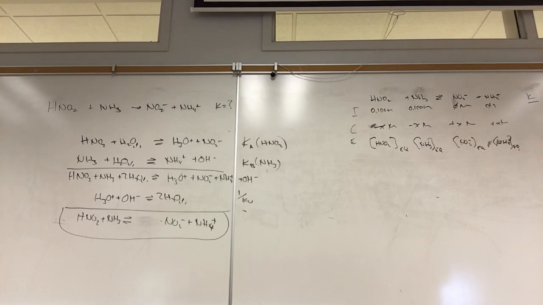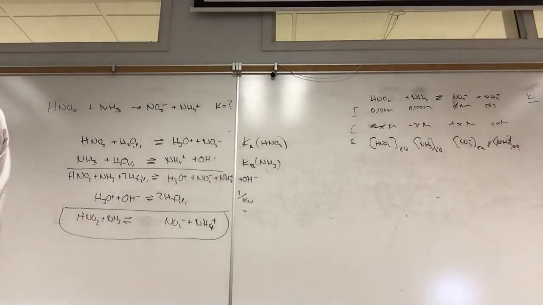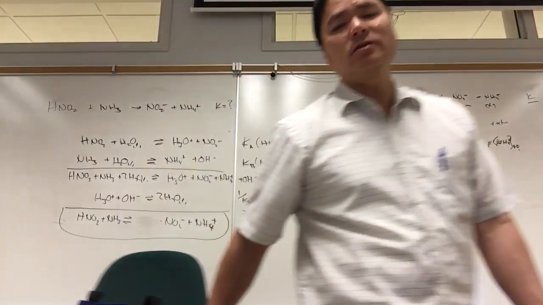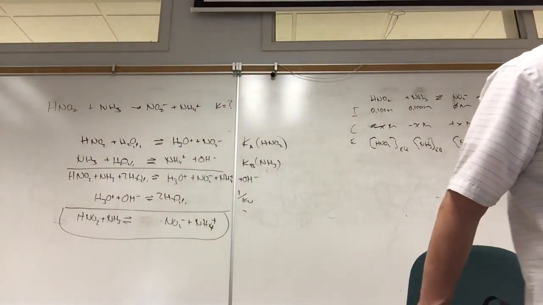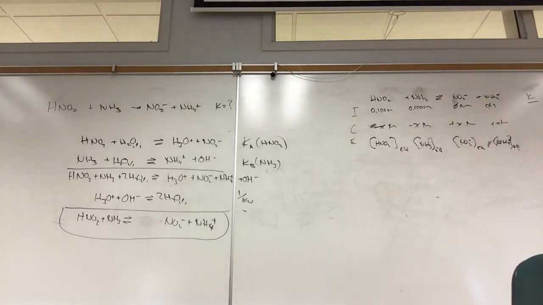So can you use the simultaneous method for everything then? Yes. Simultaneous is the general method for everything, but it's too much work to do everything simultaneously. This is why you look for shortcuts where you don't have to do simultaneous. But simultaneous will work for everything. Simultaneous is how Visual Minteq solves problems.